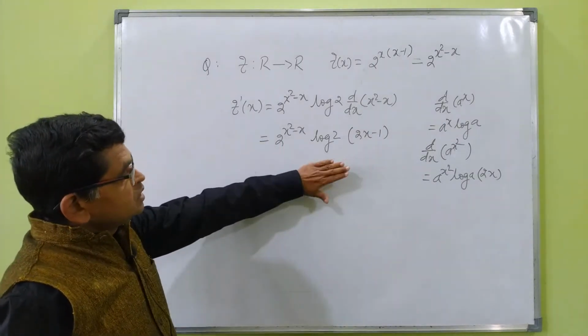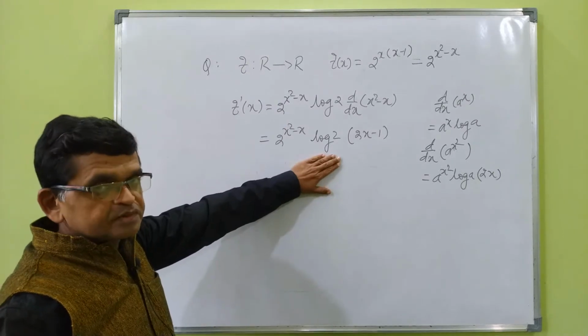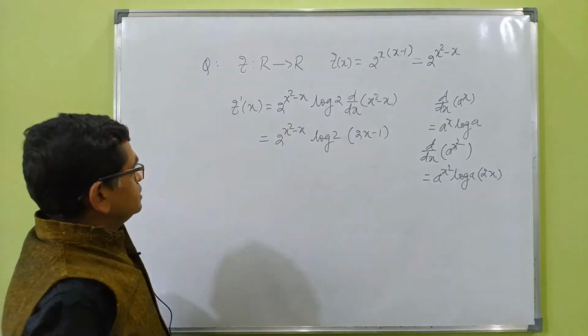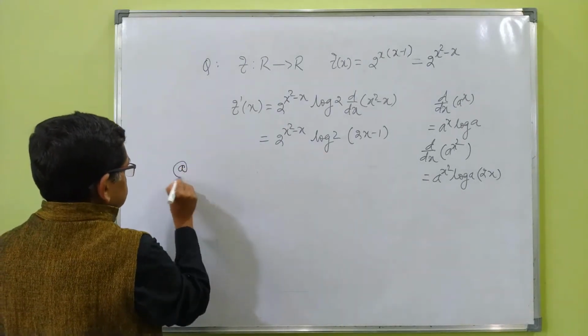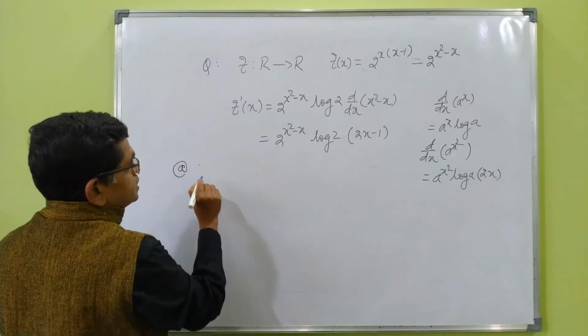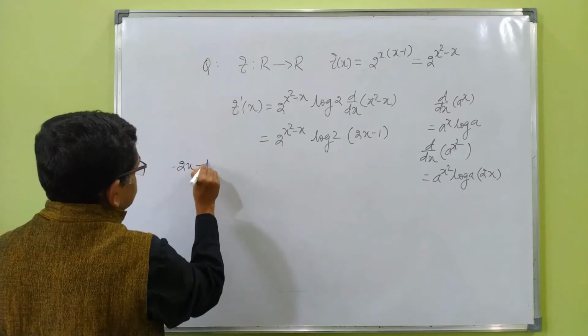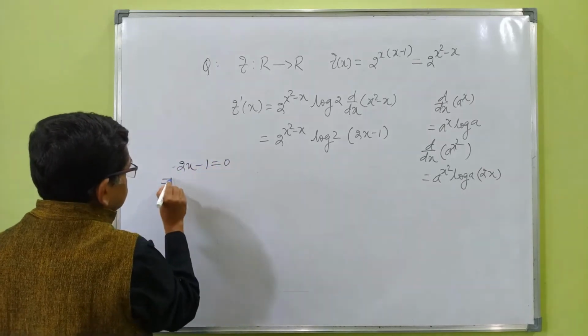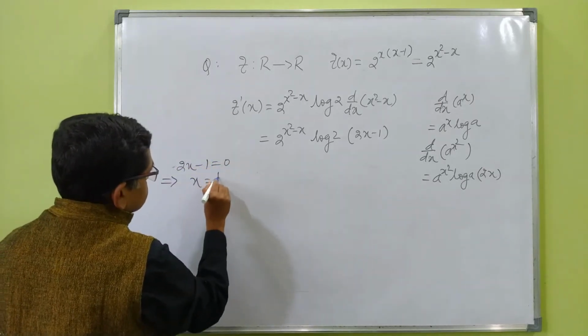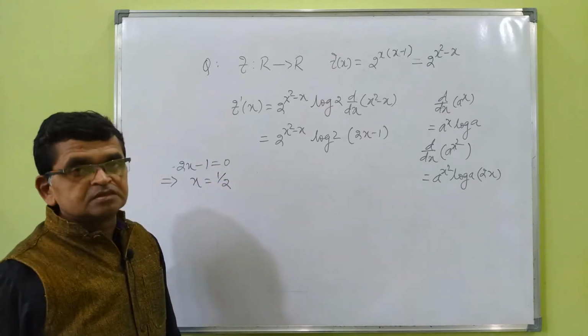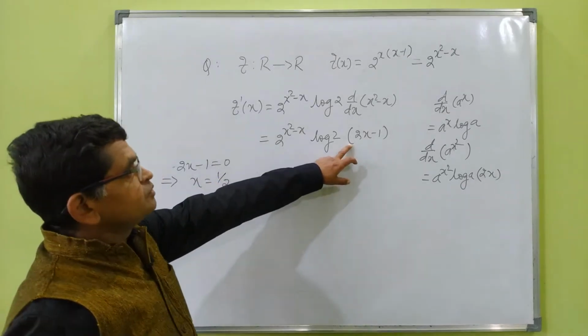Now if you observe this function f'(x), 2x minus 1 is equal to 0 implies x is equal to half, isn't it? If it is half, this will be 0.